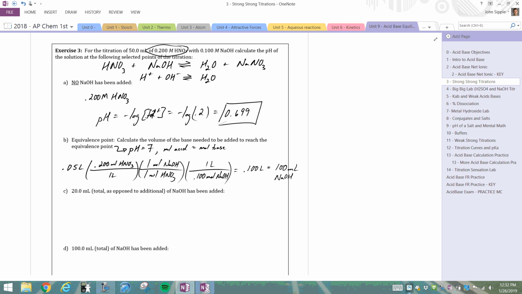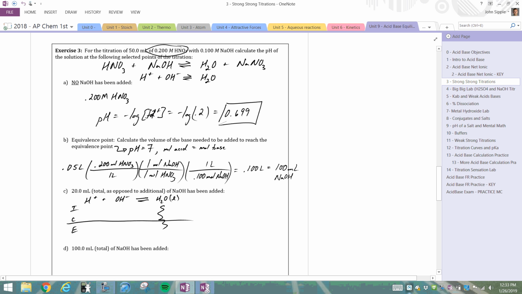We're going to draw a little ice table and go from there. We're just going to look at H+ and OH-, because that's all we're interested in since we want to find pH. H2O is a liquid, so it doesn't matter. So in our ICE table, we don't care about water.